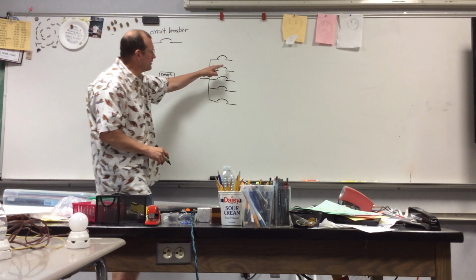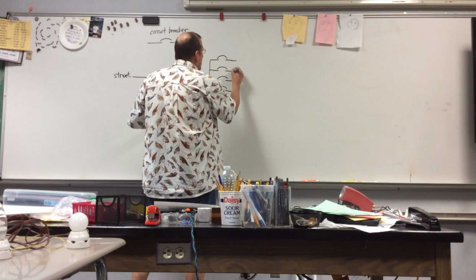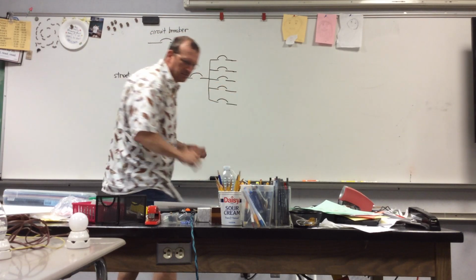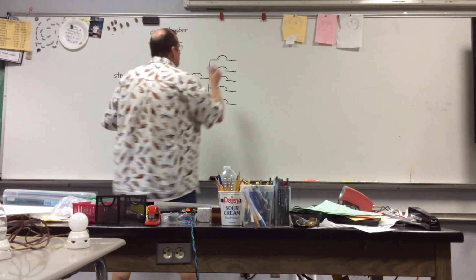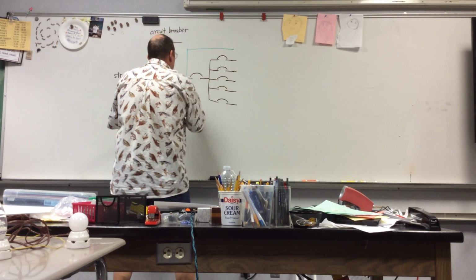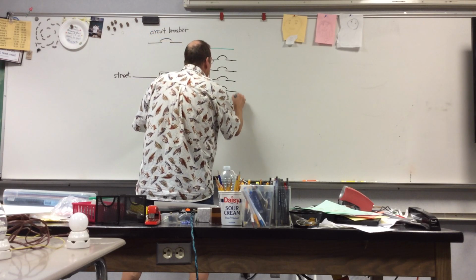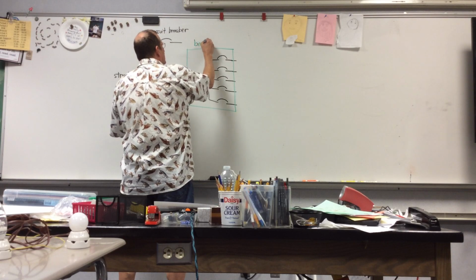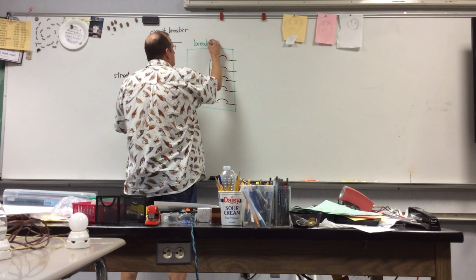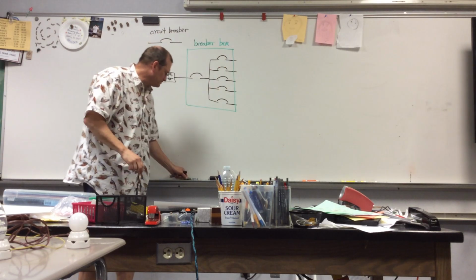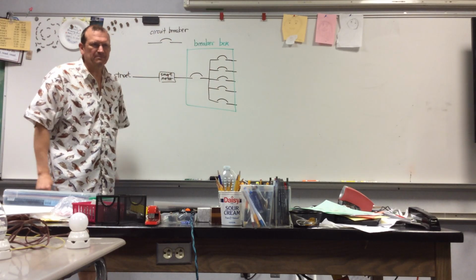Now, from here, these lines then go out to those different sub-circuits that we've talked about. So what I'm going to do here is box this in just so I can highlight that all of this, even though it looks pretty spread out, happens within the breaker box.